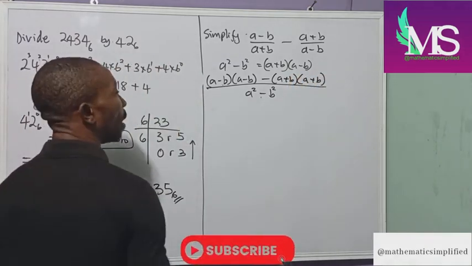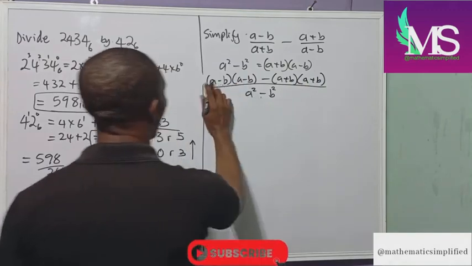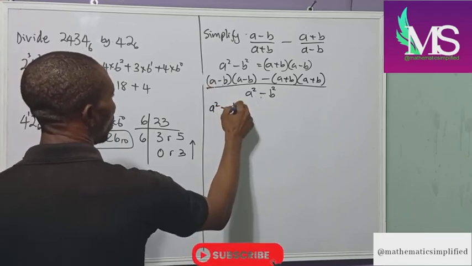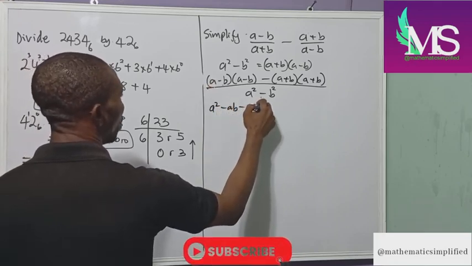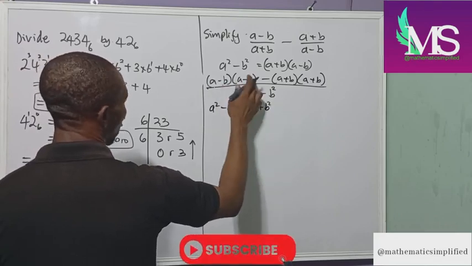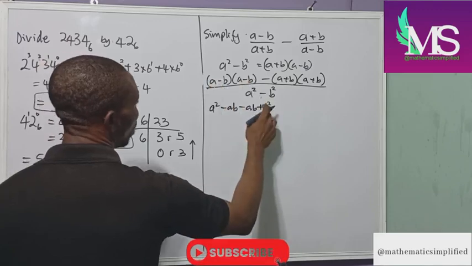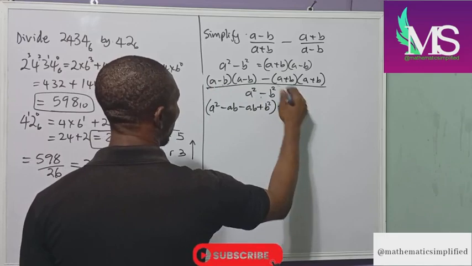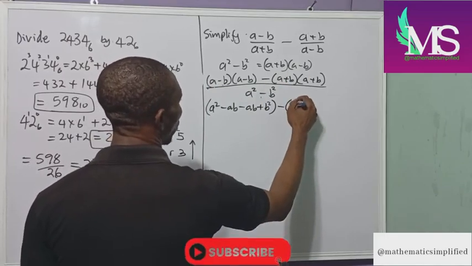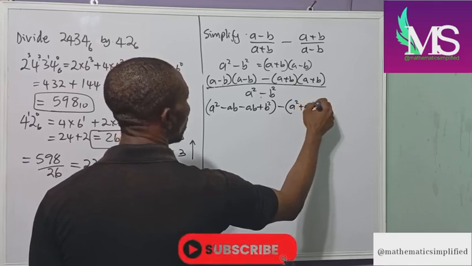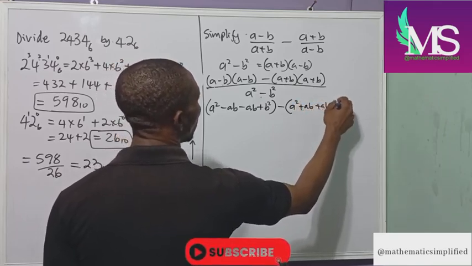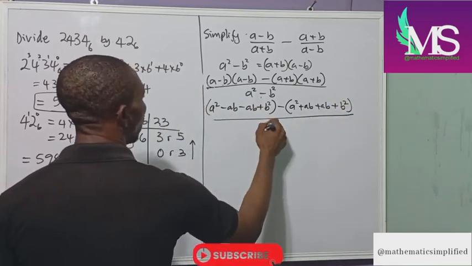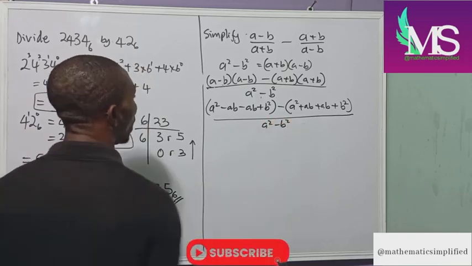Alright, so from here, by expanding this bracket, a times a will give us a squared, minus ab, minus ab, plus b squared. Minus times minus is plus, b times b, b squared. Okay, minus our next bracket, a squared plus ab plus ab plus b squared, all over a squared minus b squared.